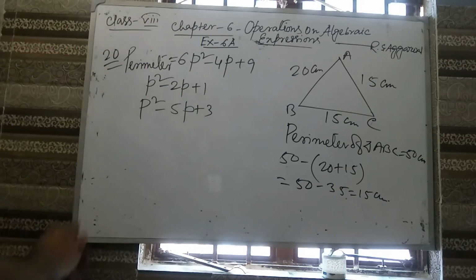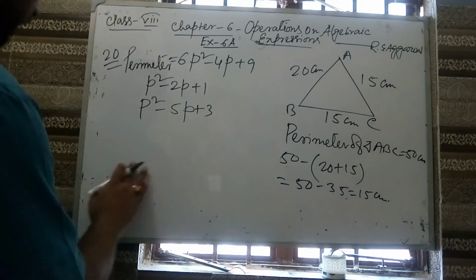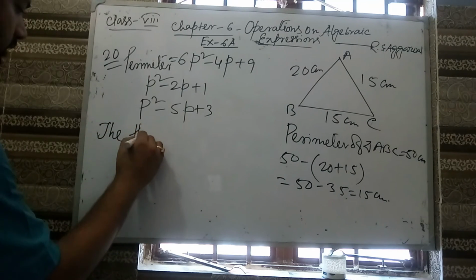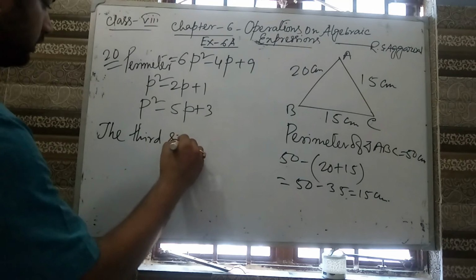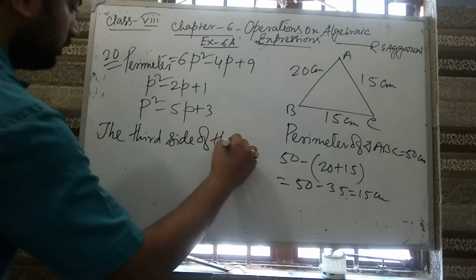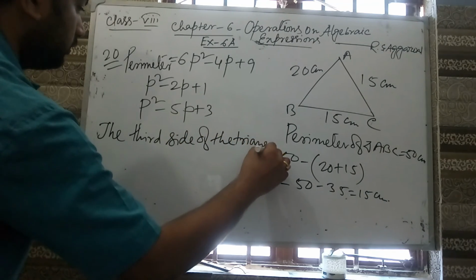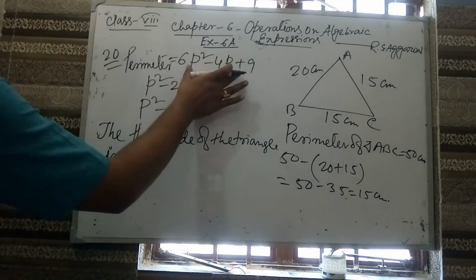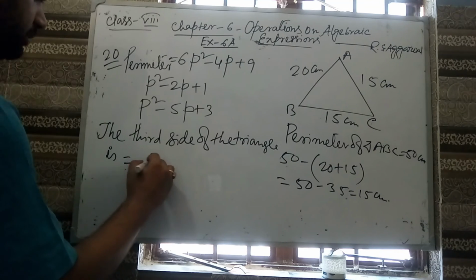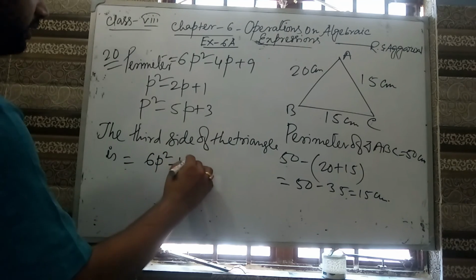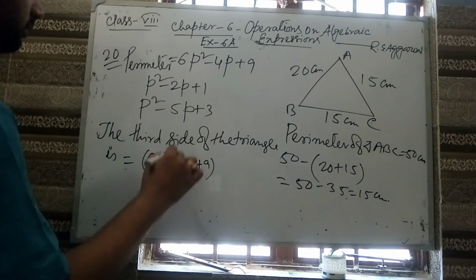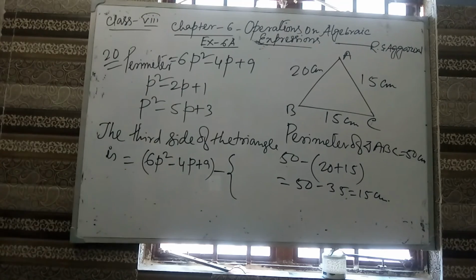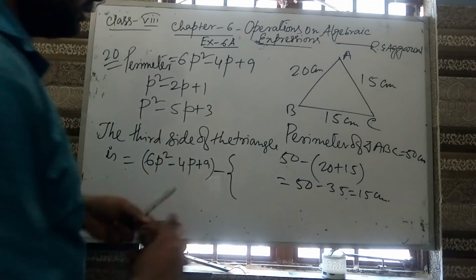Wait. So write down, the third side of the triangle is this one, perimeter 6p square minus 4p plus 9, minus, put a second bracket, this one plus this one.